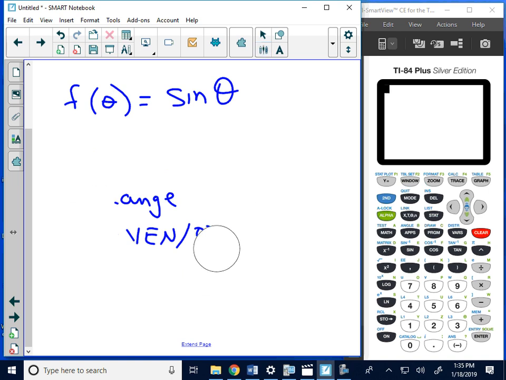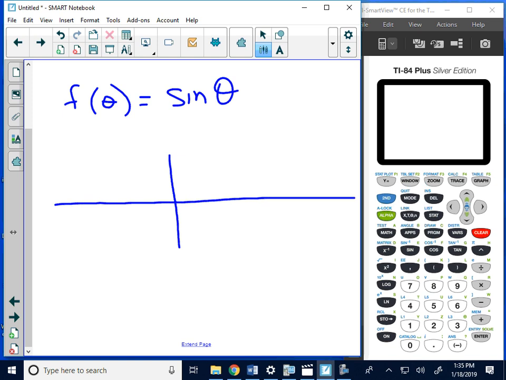Well, on your last chapter test, I actually gave you a picture of a sine wave, and it looked like this. It was a wave that continued like that.